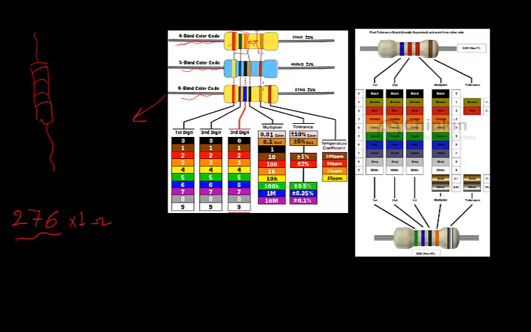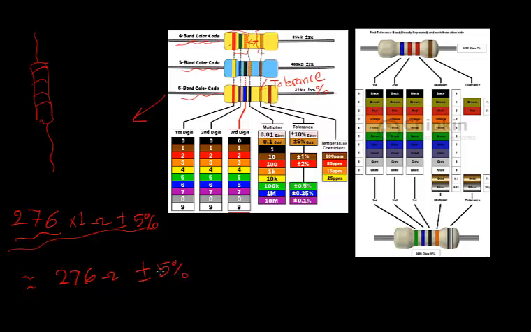This band represents the tolerance in percentage. So if you see, this gold is plus or minus 5%, that means 276 ohm plus or minus 5%. This is the value of that resistor, which will be 276 ohm, which can be plus or minus 5%.